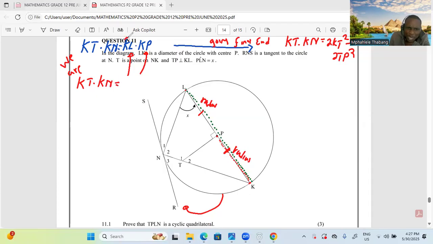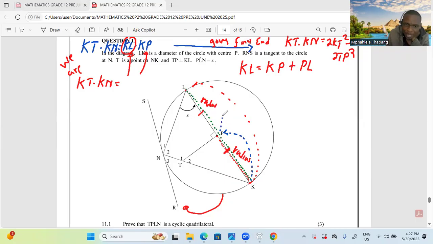to, I'm going to write KL as 2KP. Remember, KL, the distance from K to L, is equivalent to KP plus PL. So the whole distance of KL is made up of two segments. It is KP and PL. So KP plus PL makes KL.